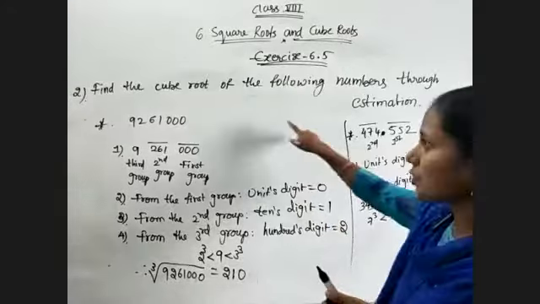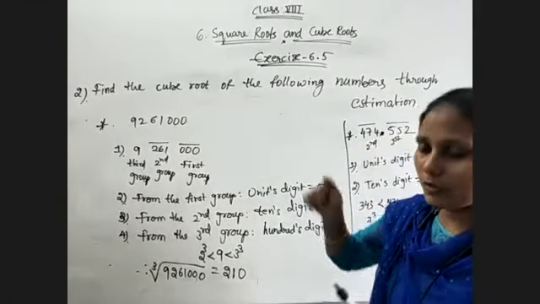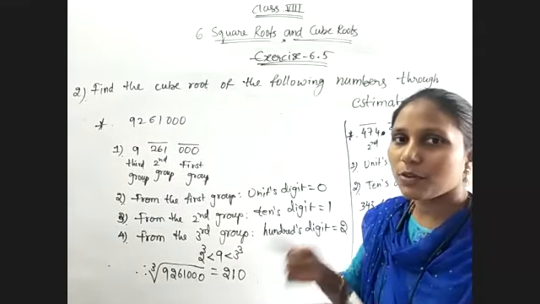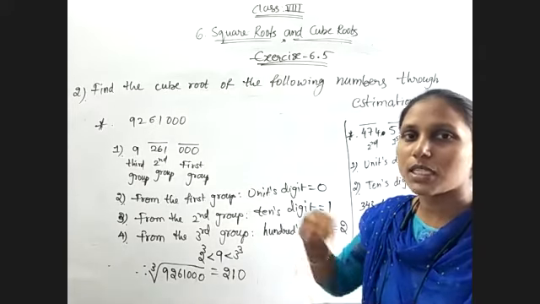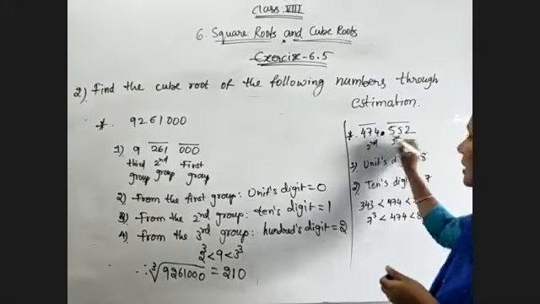Here, because it is cube root, every 3 digits means 3 tables. If 3 decimal digits are there in the given number, in its cube root we will get only 1 decimal digit. If 6 decimal digits are there, in its cube root we will get 2 decimal digits. So here 3 decimal digits are there.